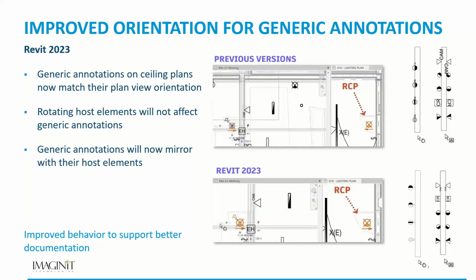If you've ever worked with generic annotations, so for example, if you've used generic annotations to place electrical outlets and things of that nature in previous releases, when we tried to rotate and flip these and mirror them and all that kind of stuff, we would get what I would refer to as less than desirable results, right?